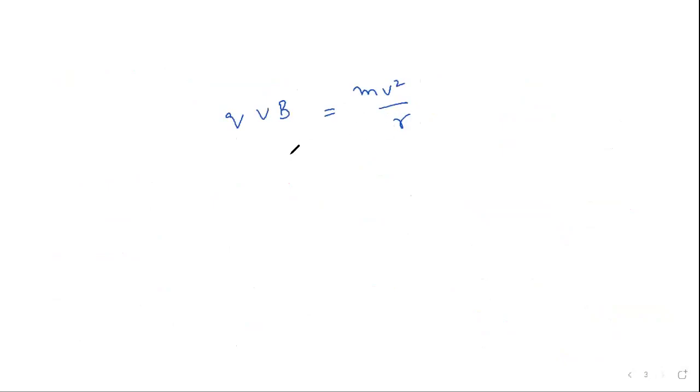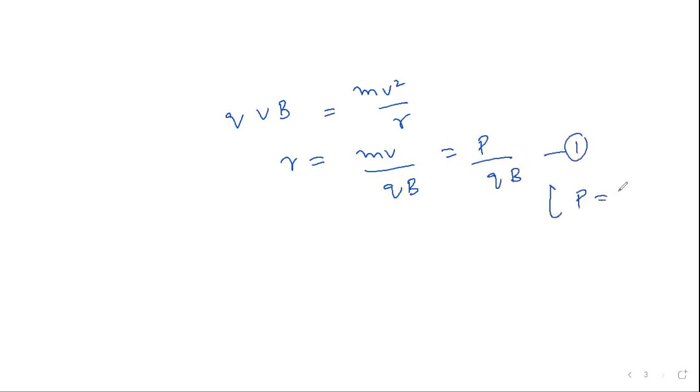Solve for r. So r is mv by qb, or I can write p by qb. Let this be my equation first, where p is mv, which is linear momentum of the particle.